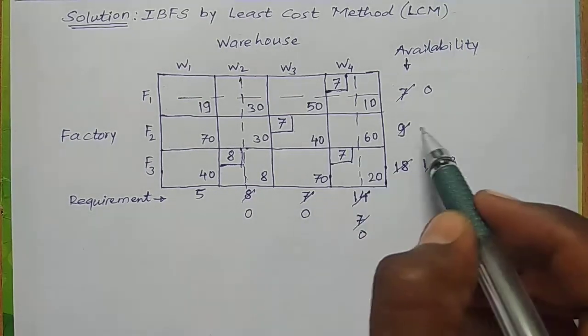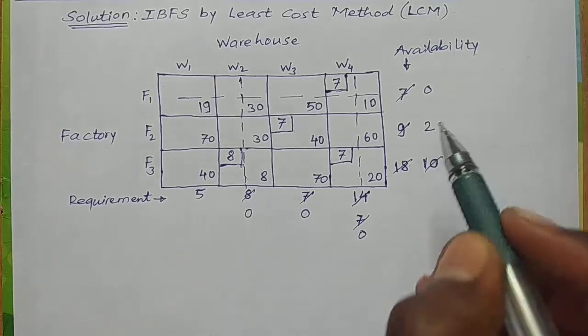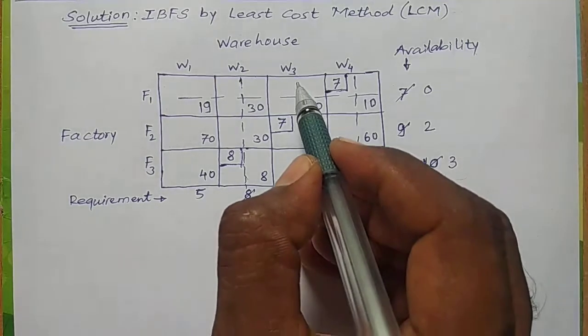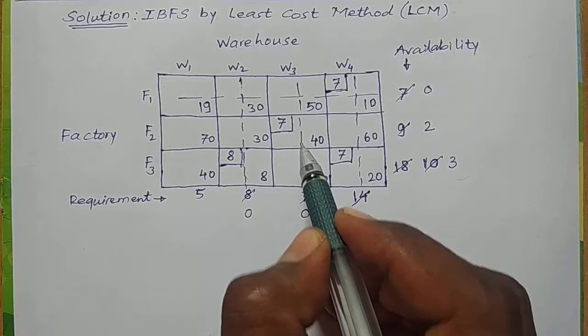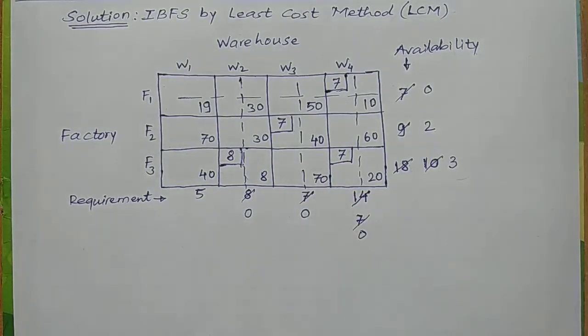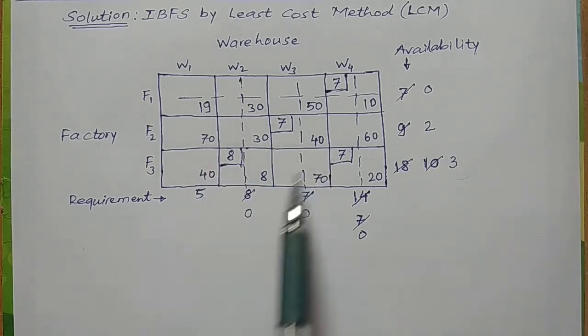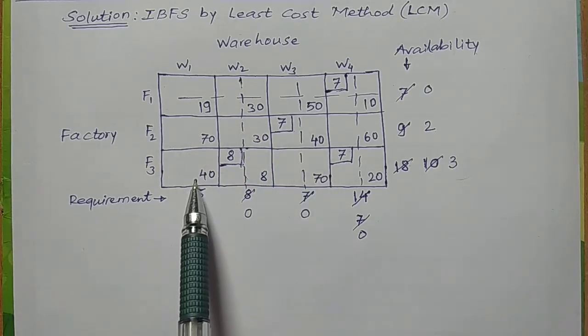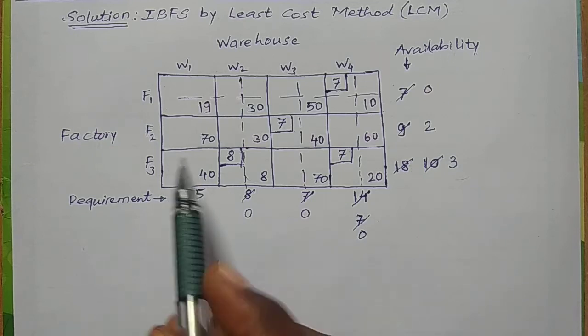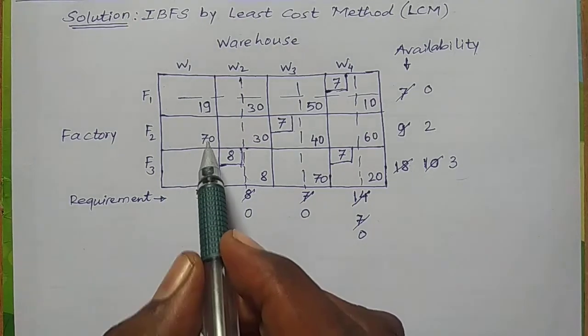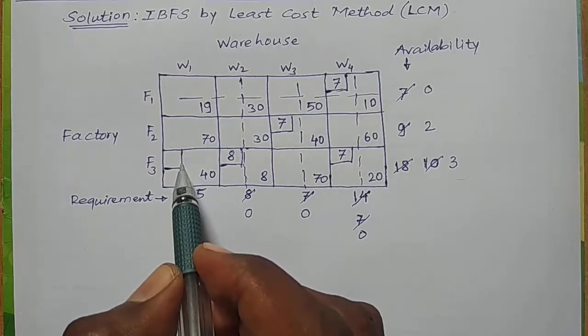So 9 minus 7, that is 2. For W3, its requirement is satisfied. Now check again in the table where the remaining costs are and which one is the minimum. Between these two, 40 is the minimum.